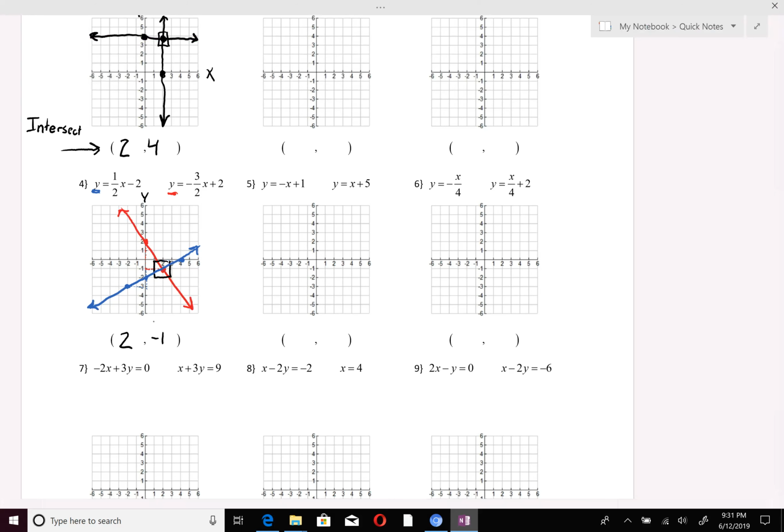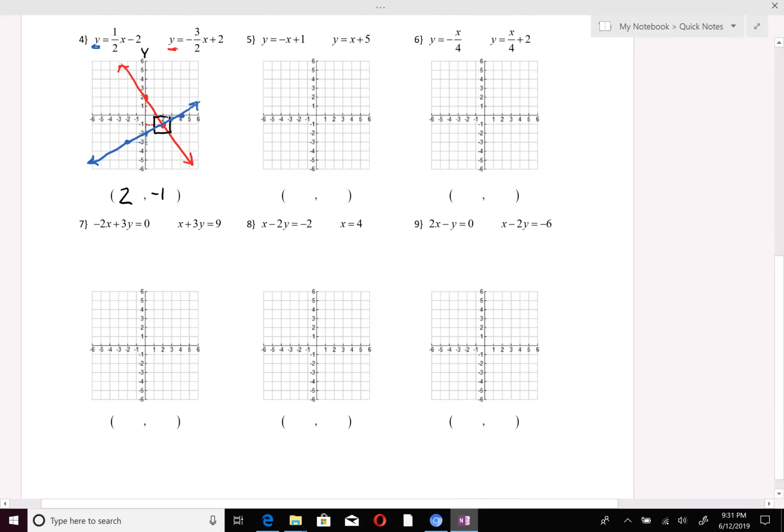If we take a look at a problem like number 7, we have to do some rearranging before we can graph this line. So we need it to be where y is a single value, so we can't have this 3 here, and we can't have this 2x. So I'm going to first move the 2x, and I'm going to add it. Since it's a -2x, I'll add 2x to the left side and then on to the right side.